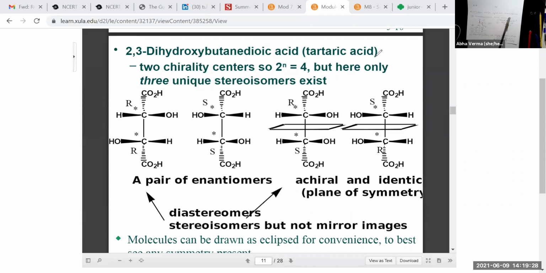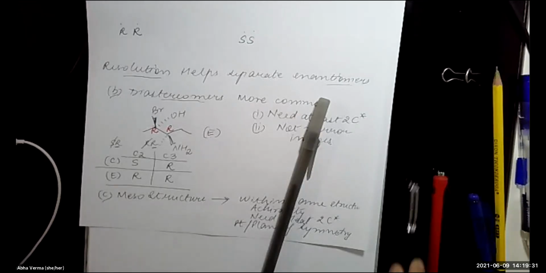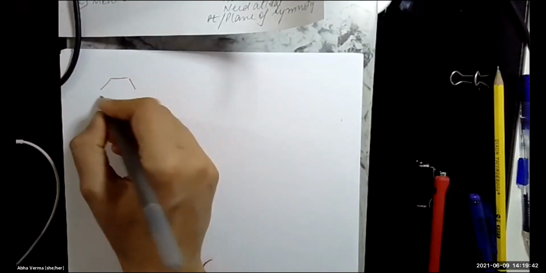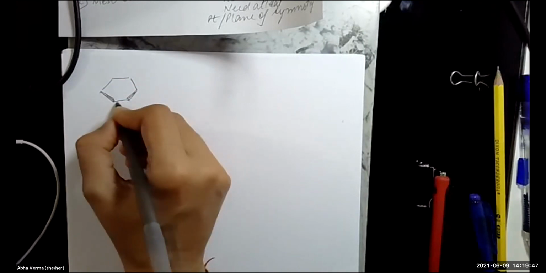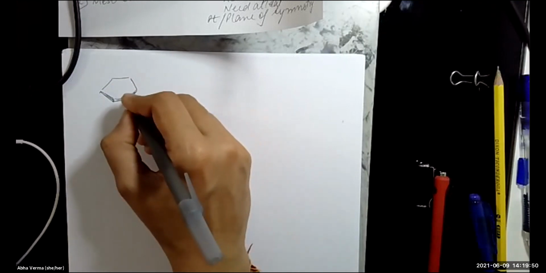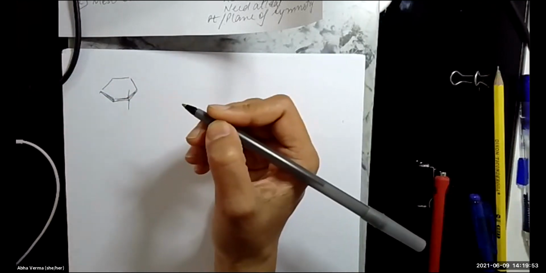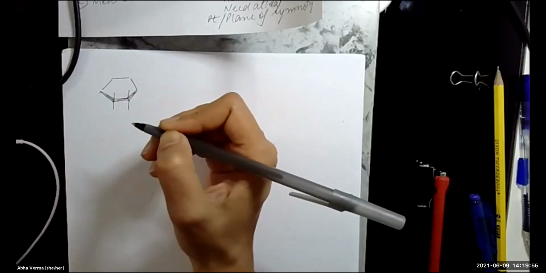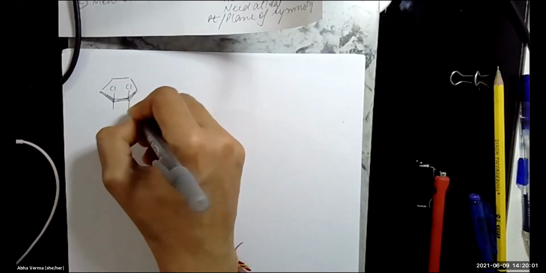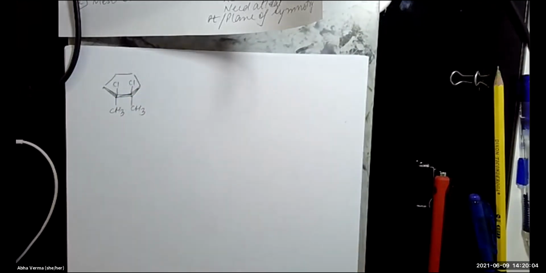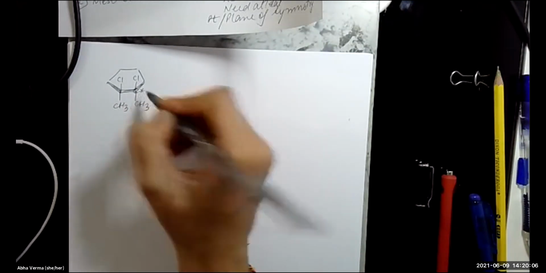Let's look at more examples of meso and other structures. Let's see if we can figure them out. So I'm going to draw a Haworth projection, and if you remember, Haworth projections look something like this. And I have a group going up and down, up and down. So Cl, Cl, CH3, CH3. Definitely a chiral center.